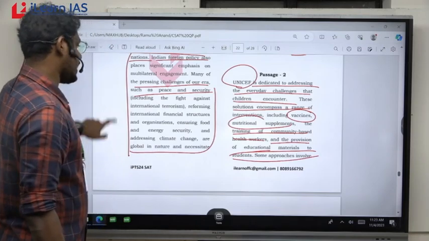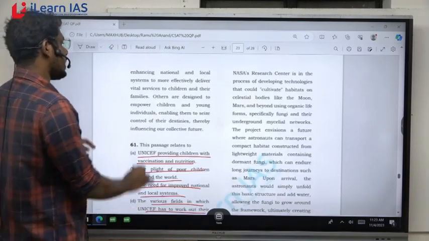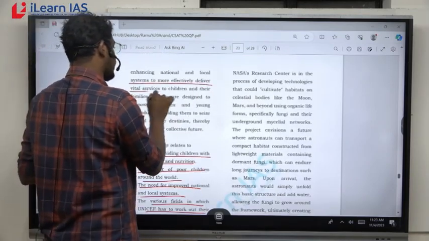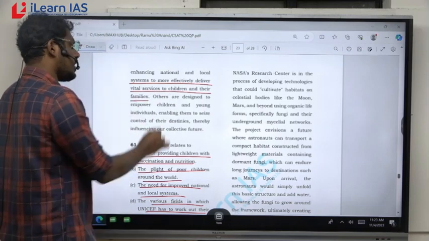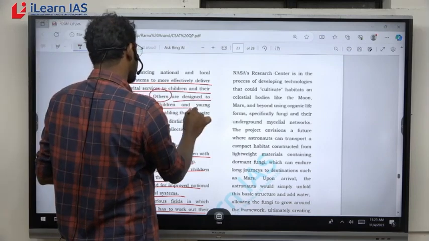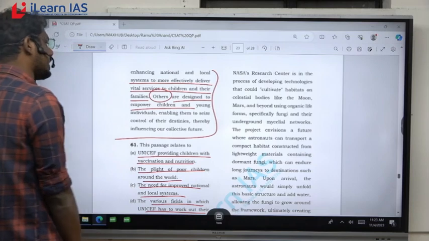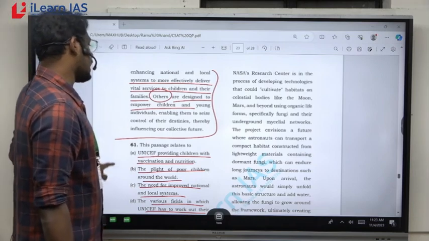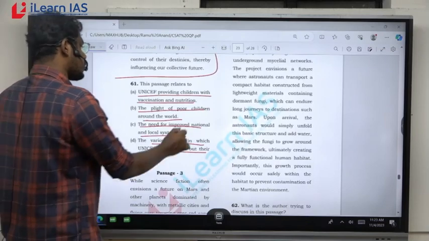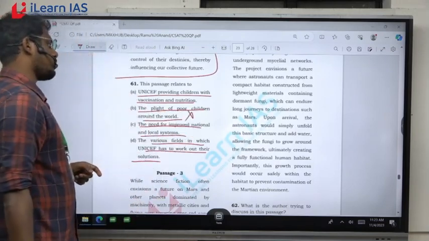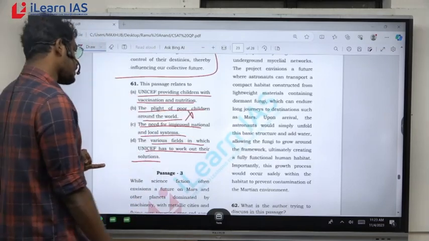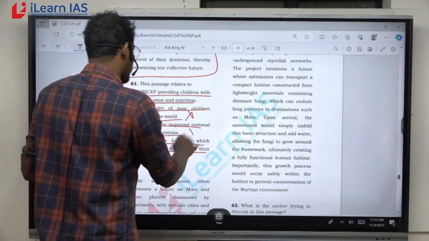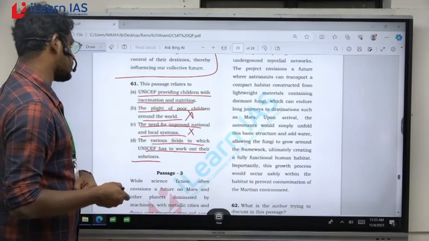Some approaches involve enhancing national and local systems to more effectively deliver vital services to children and their families. Others are designed to empower children and young individuals, enabling them to seize control of their destinies, thereby influencing our collective future. So the passage does not deal with the plight of poor children around the world. The passage also does not say anything about the need of improved national or local systems.